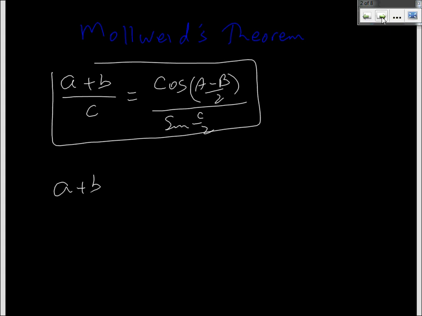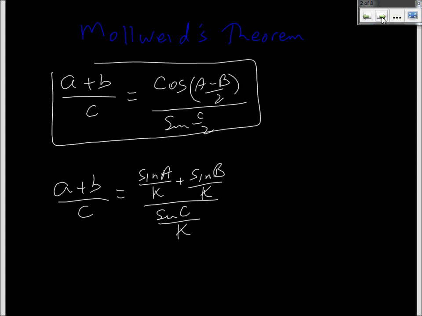What is (a plus b) over c? Well, little a is sine of angle A over k plus the sine of B over k all over the sine of C over k. And once again, the k's cancel.